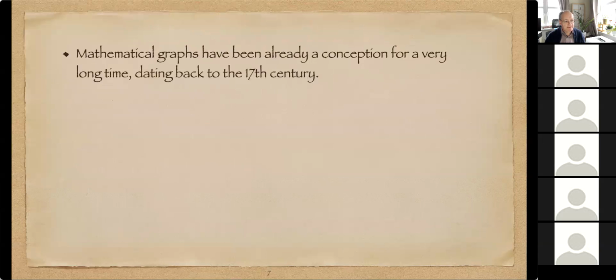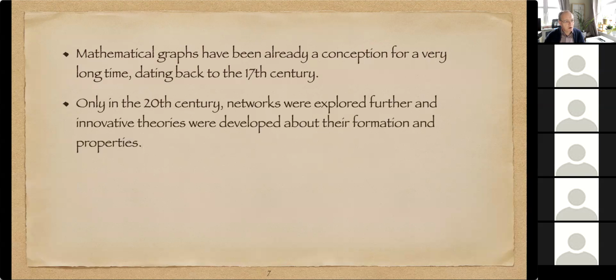Okay, so graph theory is very old, not ancient, but relatively old. It is already used in the 17th century and got a big boost in the 18th century, in particular, through the work of some mathematicians. And they invented this whole field of what is in mathematics called graph theory, and which we can call network theory. Now, in the 20th century only, in particular in the second half of the 20th century, social scientists started to use these networks to map social relationships.